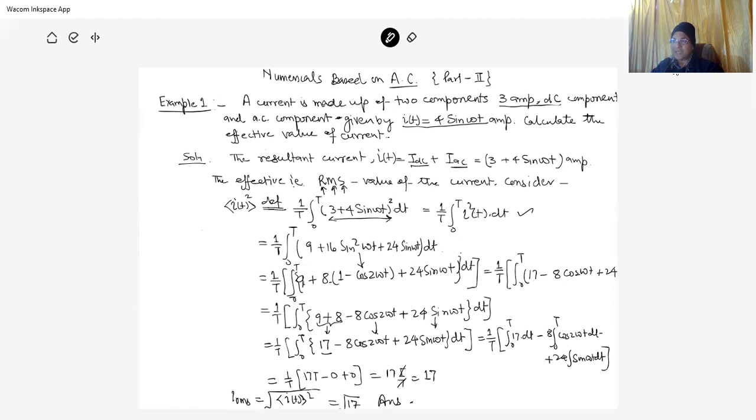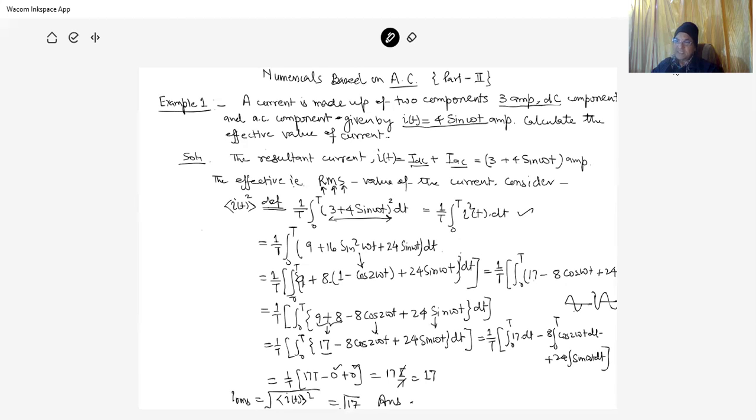The 17 factor is finite, and the rest of these two factors give zero value of the integration, because the integral of sine and cosine over a complete cycle gives 0 in each case.